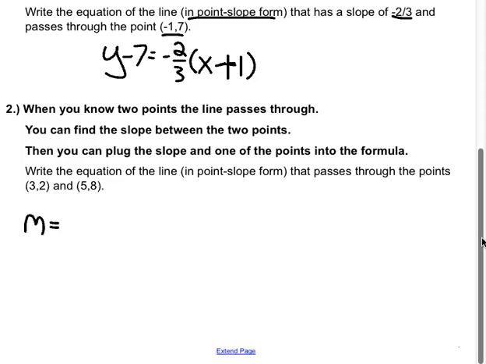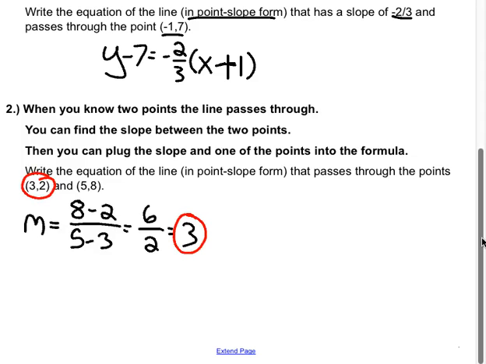And remember, slope is subtract the y's and subtract the x's. So here I have 6 over 2. So that's going to give me a slope of 3. So I have my slope.